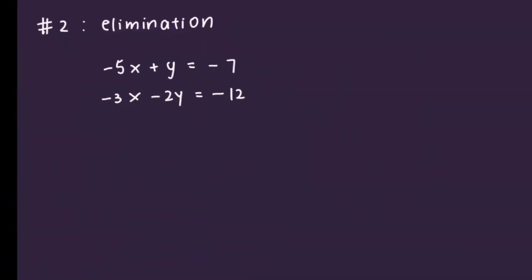So let's look at our second way of solving systems of equations, elimination. Elimination is about getting the same coefficient for one variable across the two equations so that you can add or subtract the equations to eliminate that variable. Using the same example as last time, we can multiply the first equation by 2 so that our y will have the same coefficient.